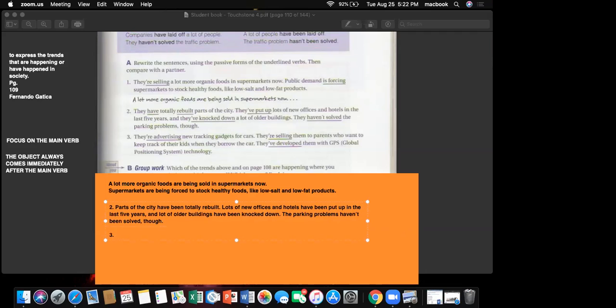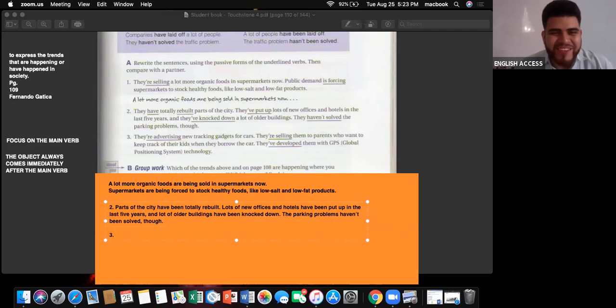New cars. Very close, very close. Remember, it goes immediately after the verb. So in this case, it would be new tracking gadgets for cars.